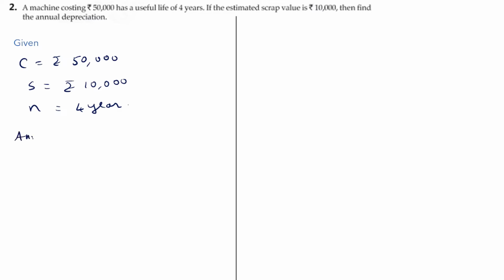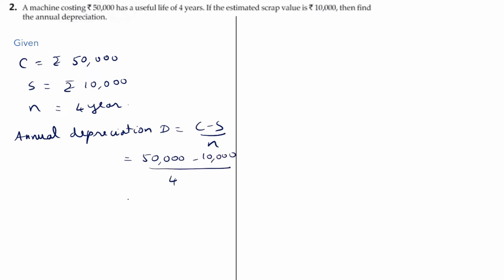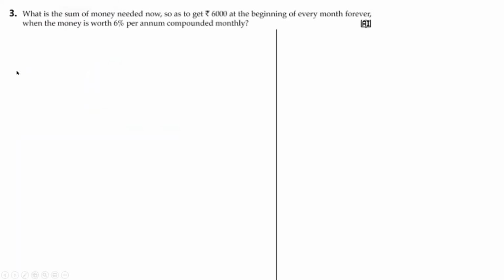Annual depreciation D is given by C minus S upon N. So it is 50,000 minus 10,000 upon 4, which is 40,000 by 4. It is equal to rupees 10,000. So this is the annual depreciation. Moving on to the next question.